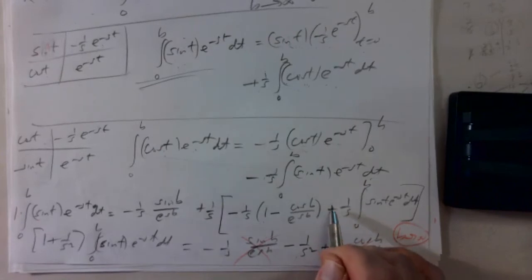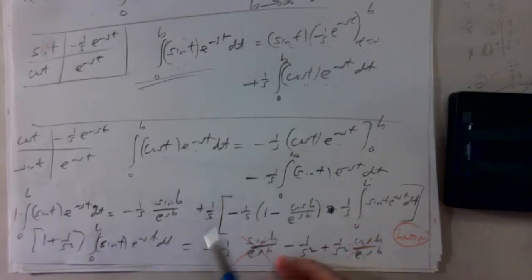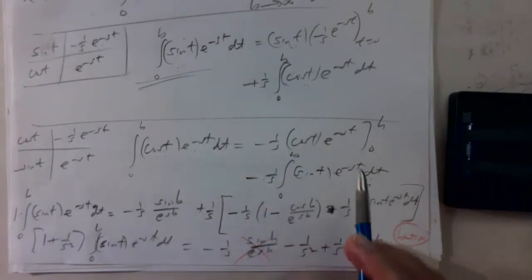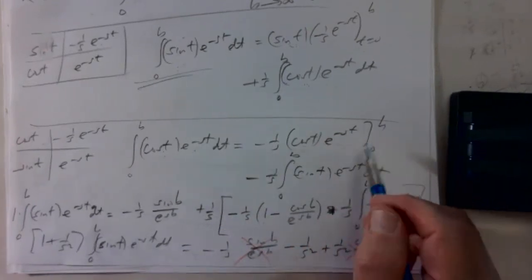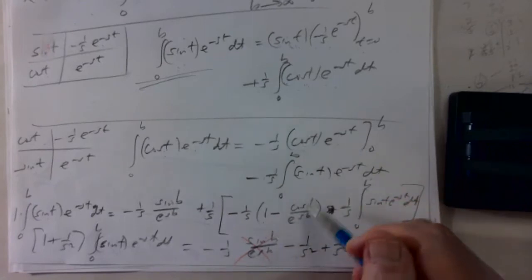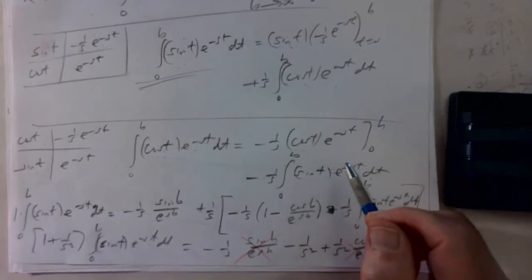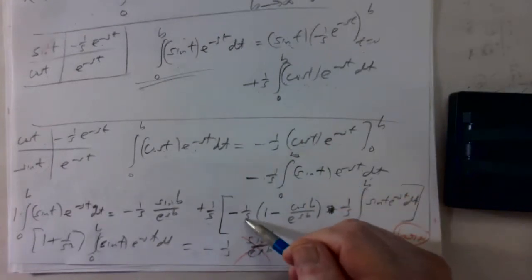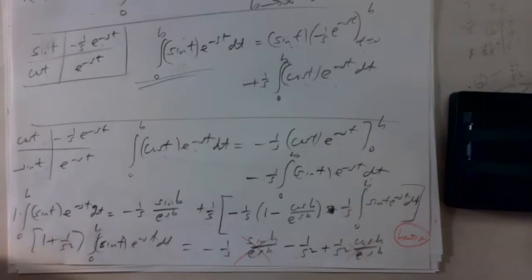Oh, right. Plus 1 over s. It's what I get when this is equal to b is... right, so minus 1 over s. I just wrote this down backwards.